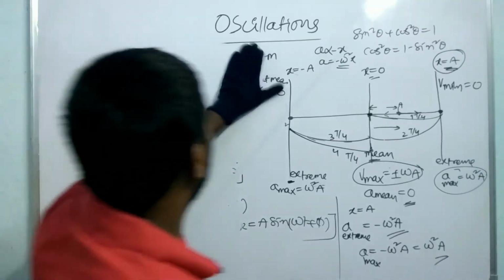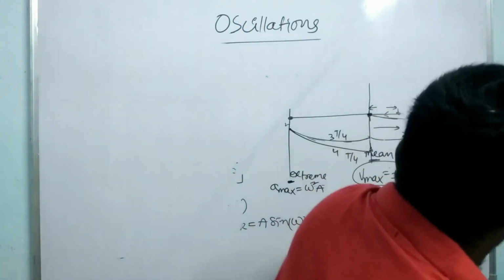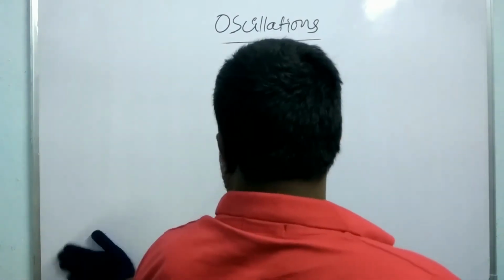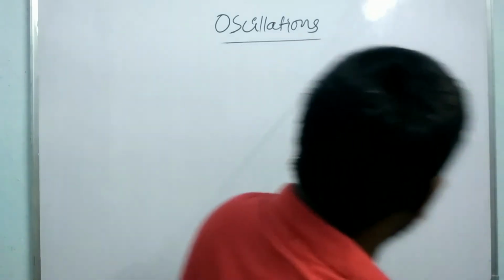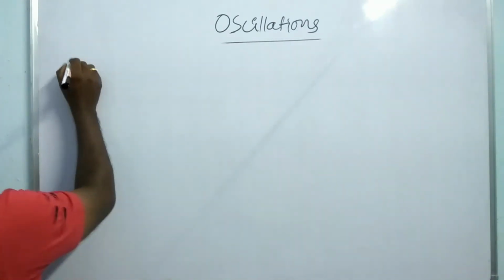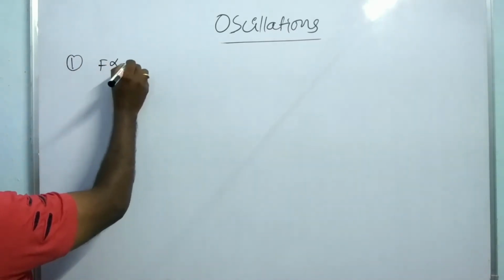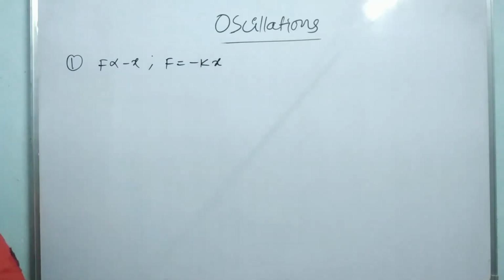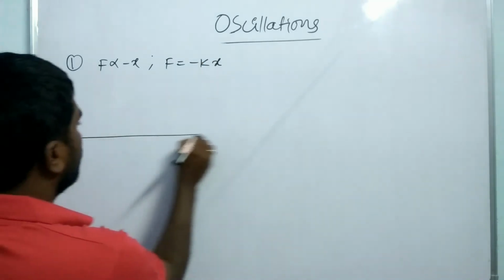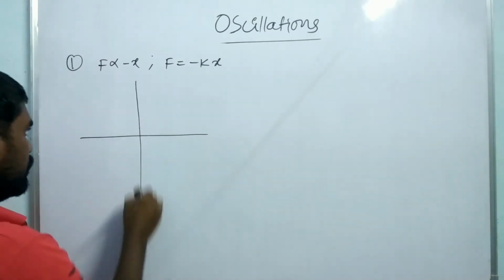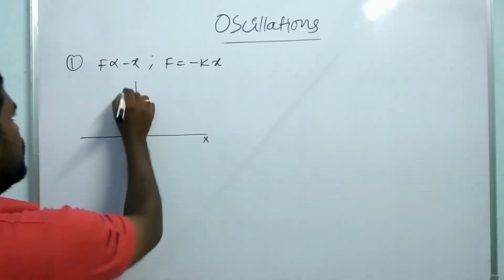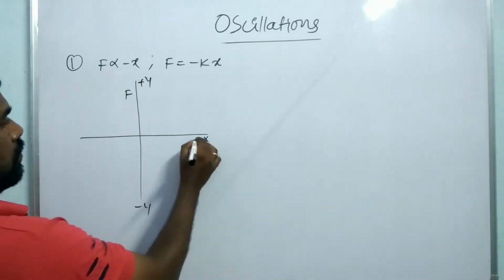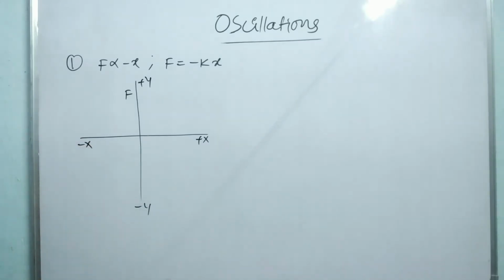Already you know that in case of springs, already explained, F is proportional to minus x. F is equal to minus Kx. So here is the graphical representation of the force and the displacement. This is the displacement, this is the force. This is positive y and this is negative y, positive x, negative x, and this is the origin.